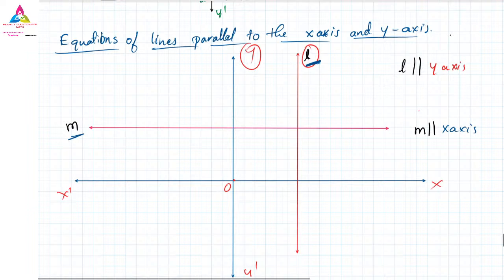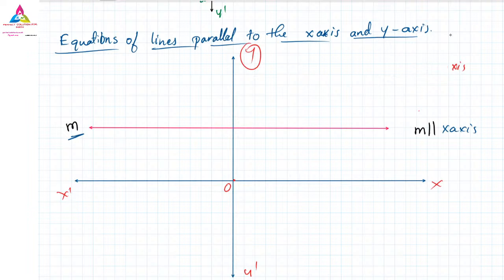And one more important thing I will tell you: M is parallel to the x-axis, and M is also making a perpendicular. Remember, M line is making a perpendicular to which line? Yes, correct, M and the x-axis are parallel to one another. But this M line is also making a perpendicular with something.